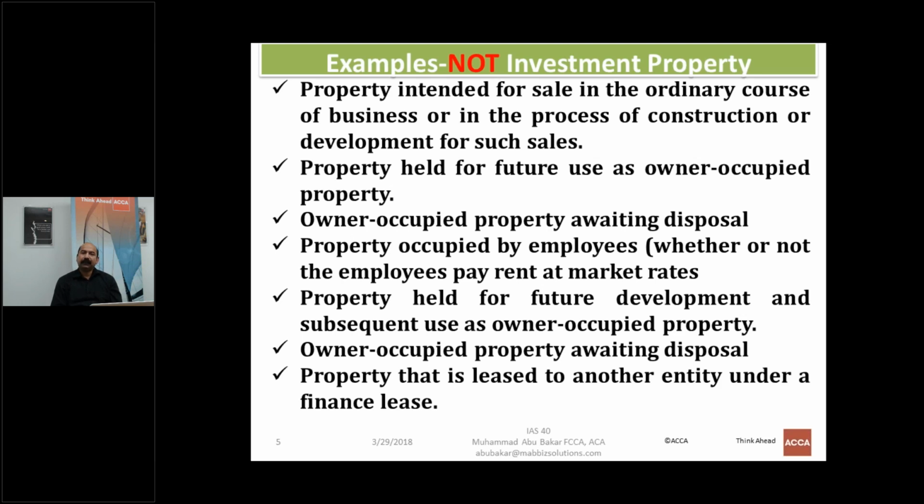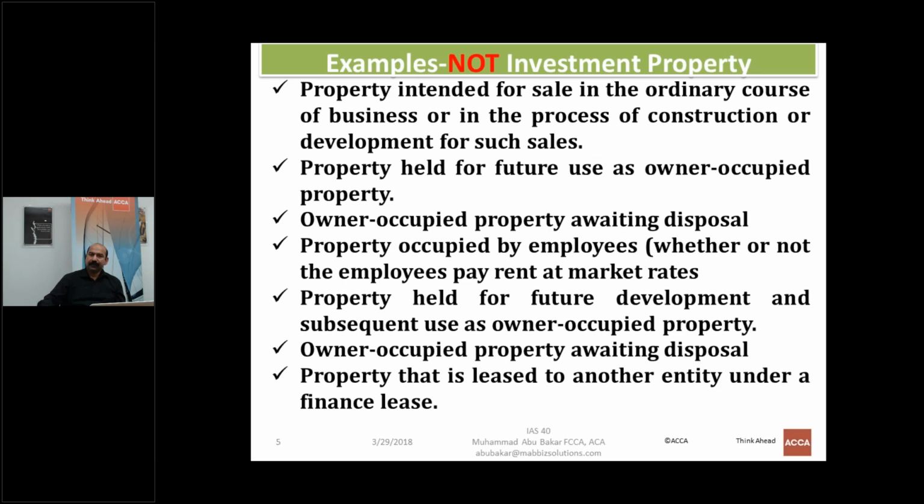But in the separate parent account, this can be treated as investment property. Like, for example, A Limited is a subsidiary of B Limited. B Limited is parent. In the separate financial statement of B Limited, this property will be investment property.